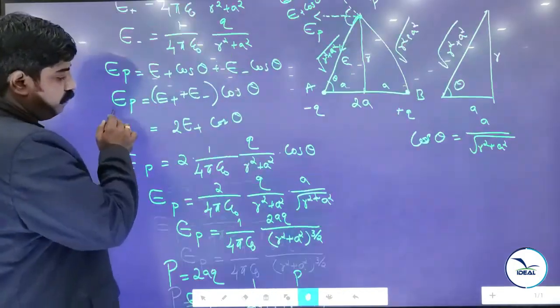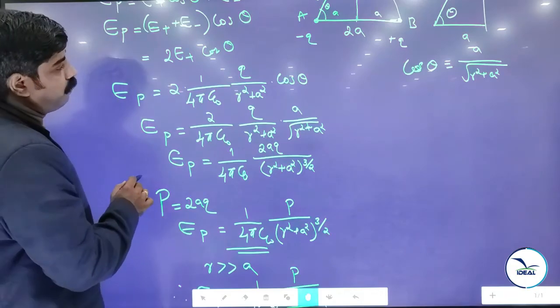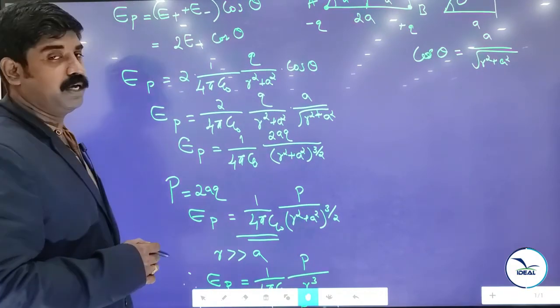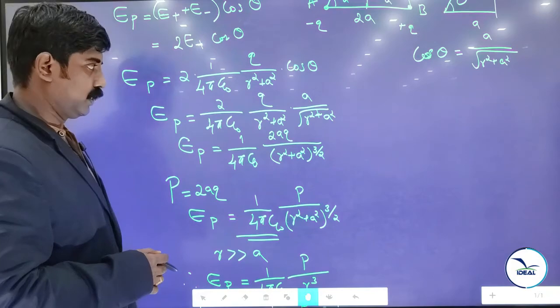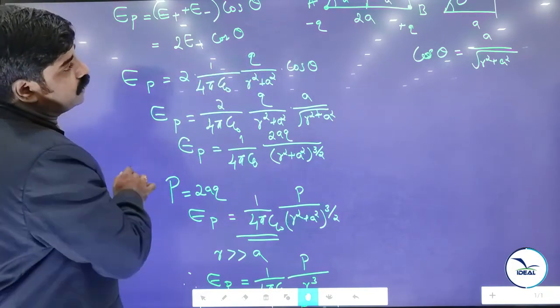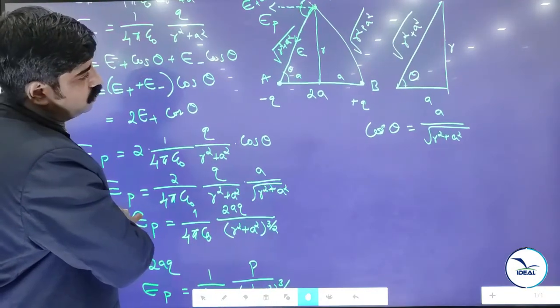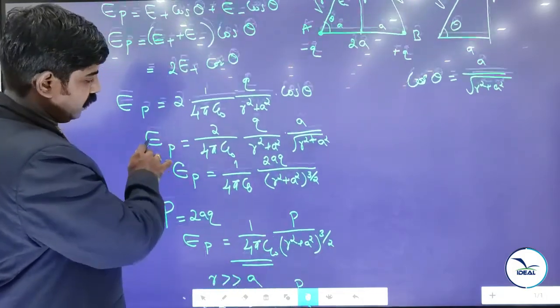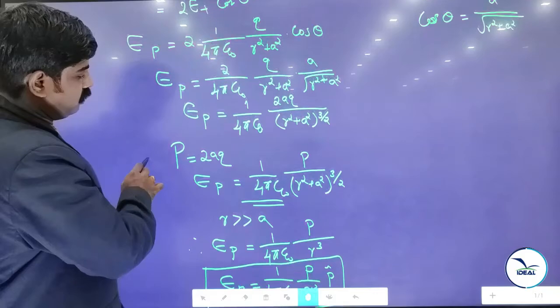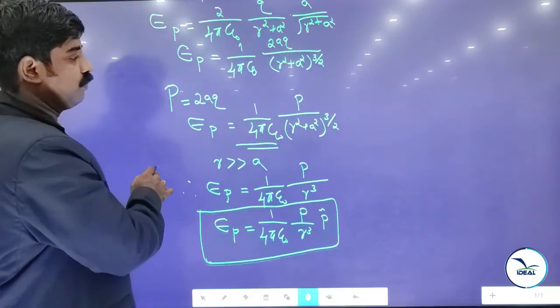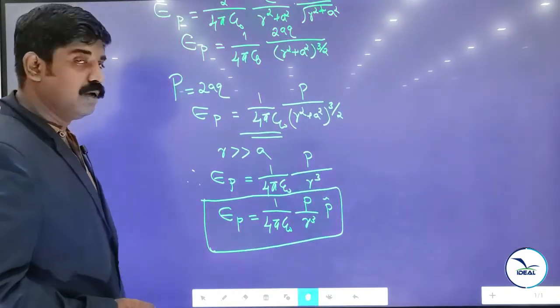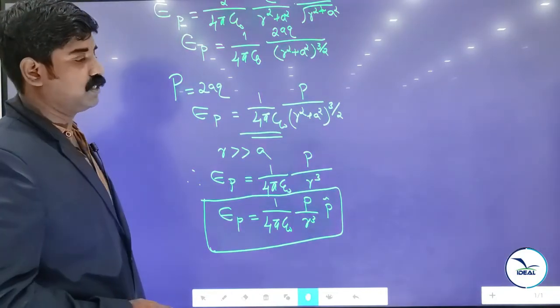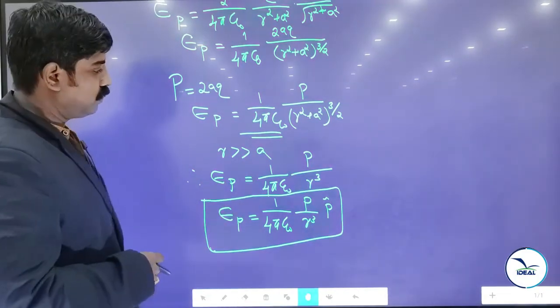Okay, so EP is equal to 2 into 1 by 4 pi epsilon 0 Q divided by R square plus A square into cos theta. We got the value of cos theta from the triangle, that is cos theta is equal to A by root of R square plus A square. We arranged that equation, so we got EP is equal to 1 by 4 pi epsilon 0 P divided by R square plus A square raised to 3 by 2.